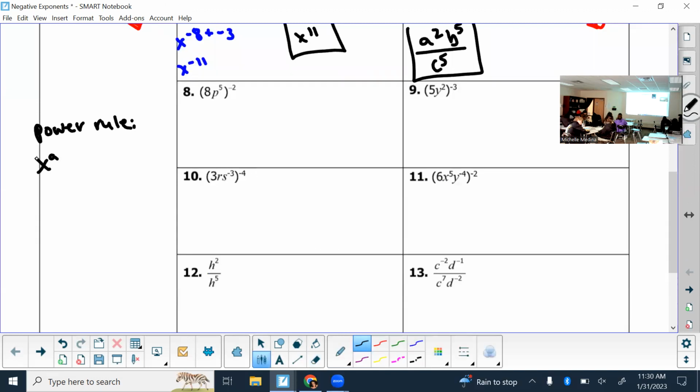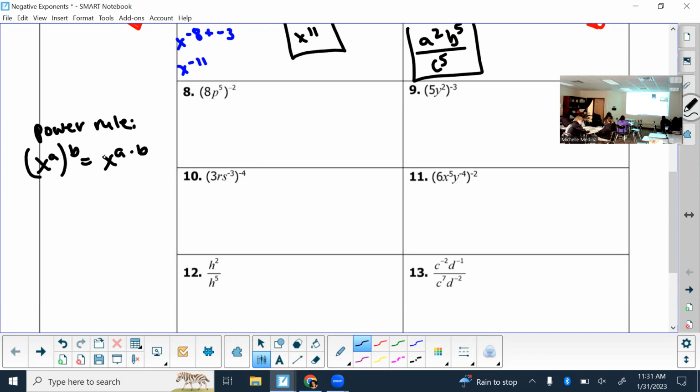Good, so any variables, you multiply the exponents together according to the power rule. And the way that I remember that one is that the exponents, the powers, tell you to multiply the base by itself. So that's how I remember to multiply. That's what exponents usually tell us to do.